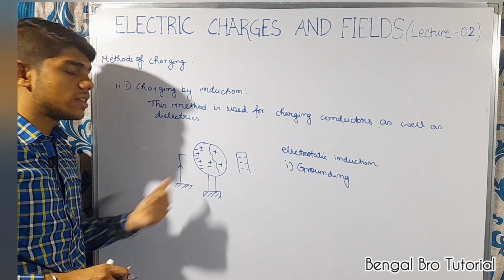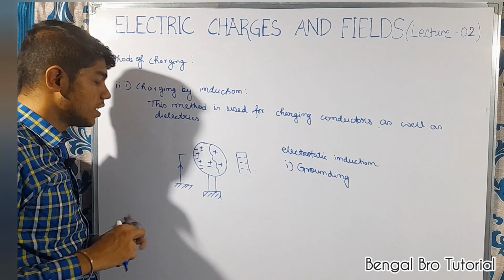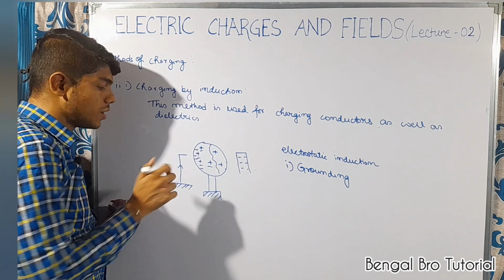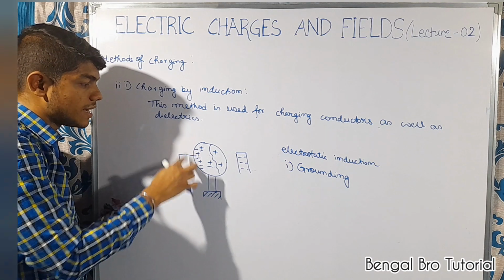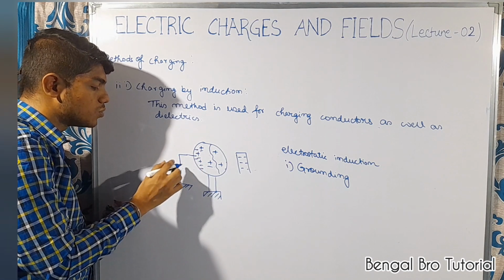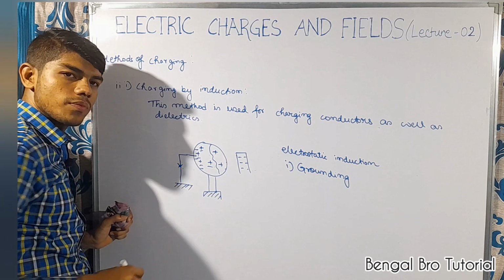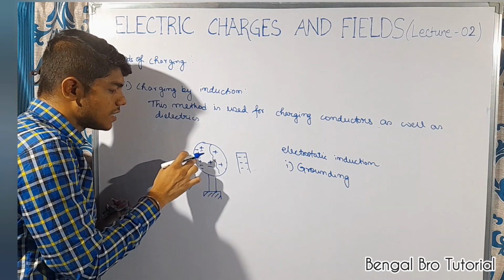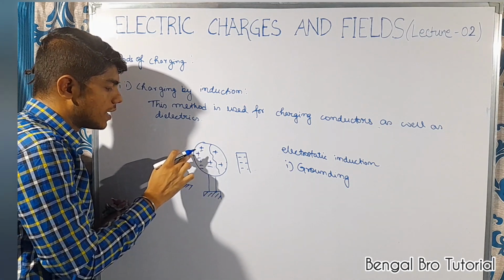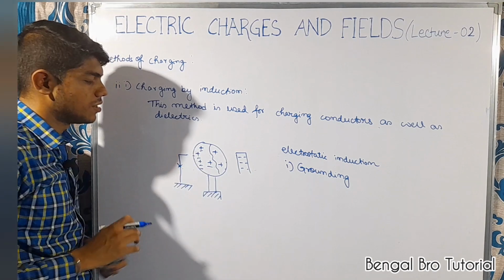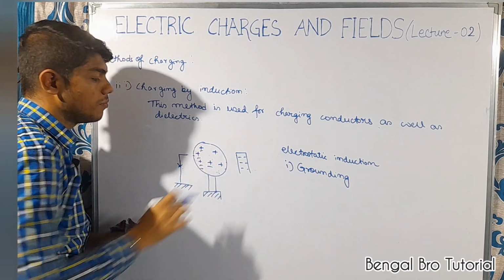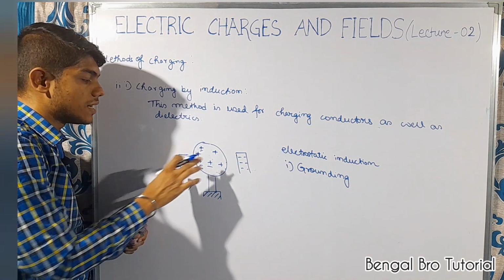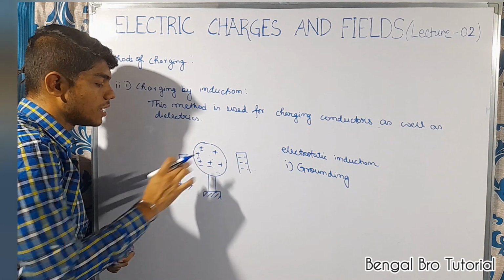Now if you want to make this body permanently charged, then what you have to do is connect this body to the ground. Then what will happen? These excess electrons will flow to the ground. Okay, then after these excess electrons flow to the ground, we have to cut this connection. Now you see this body has become positively charged because it has a deficiency of electrons.